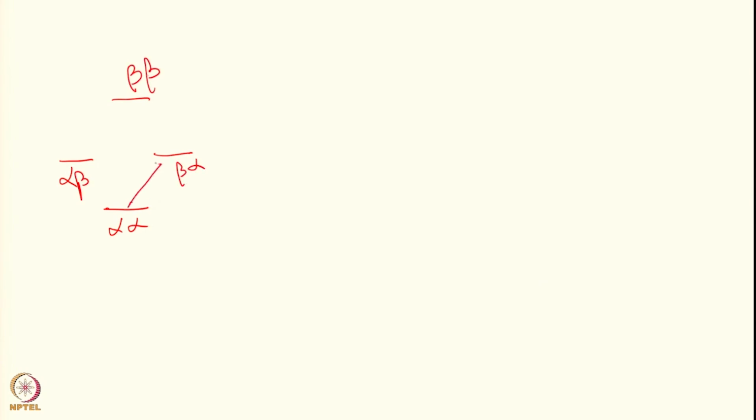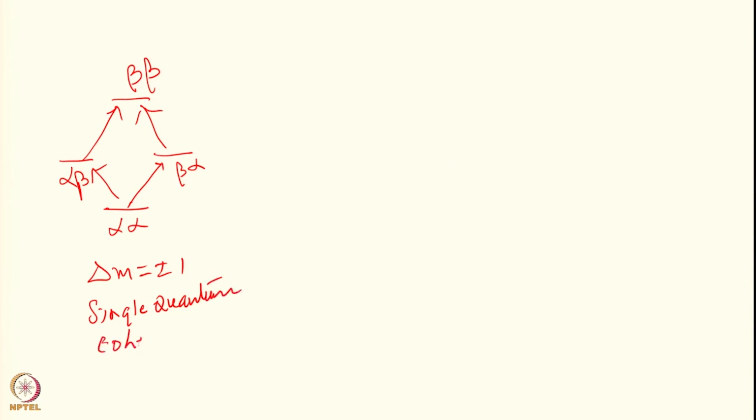I will have transitions here, here, here, and here, and all of these are delta m equal to plus or minus 1. Therefore, these are called single quantum transitions or coherences.